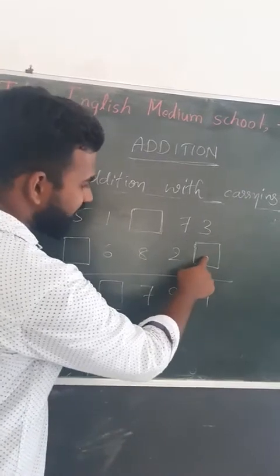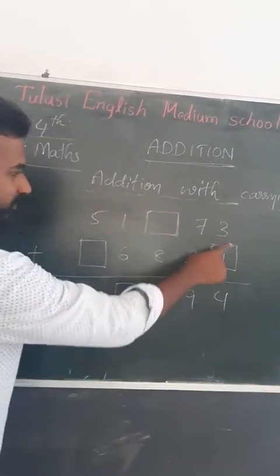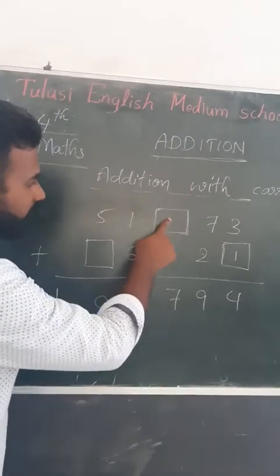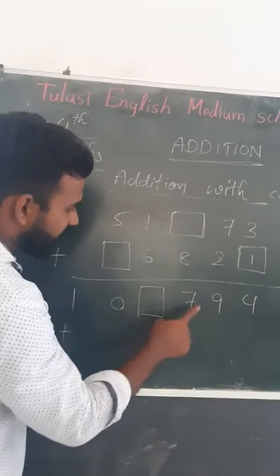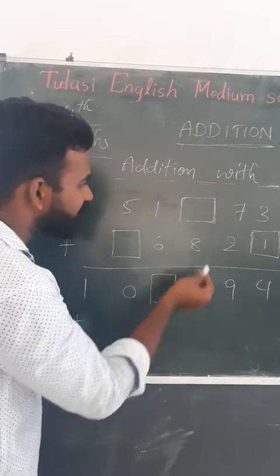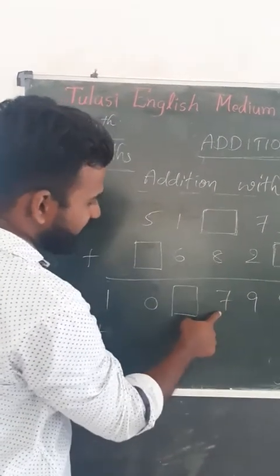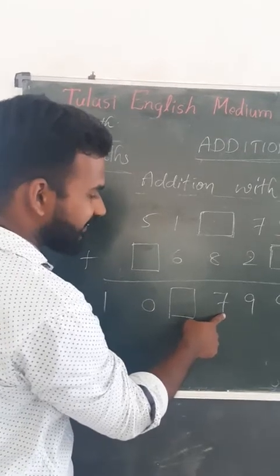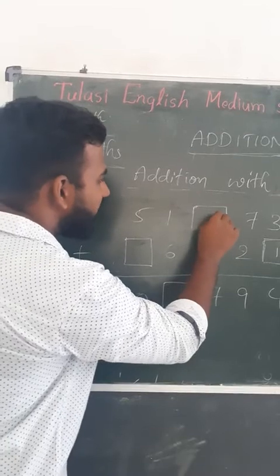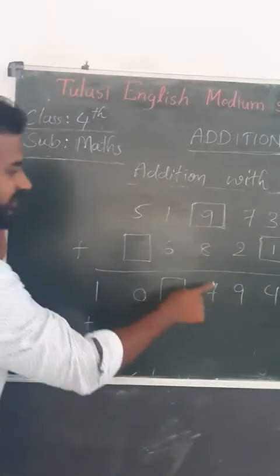Addition: 3 plus dash is equal to 4. Very easy, 3 plus 1 is equal to 4. 7 plus 2 is equal to 9. Dash plus 8 is equal to 7. So it is not possible. So you have to add 9 plus 8 is equal to 17. That one we can take here. 9 plus 8 is 17.